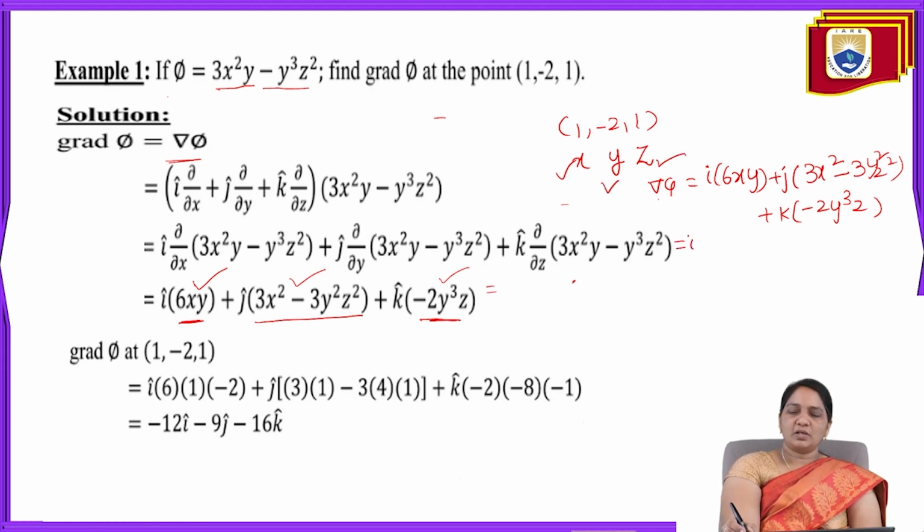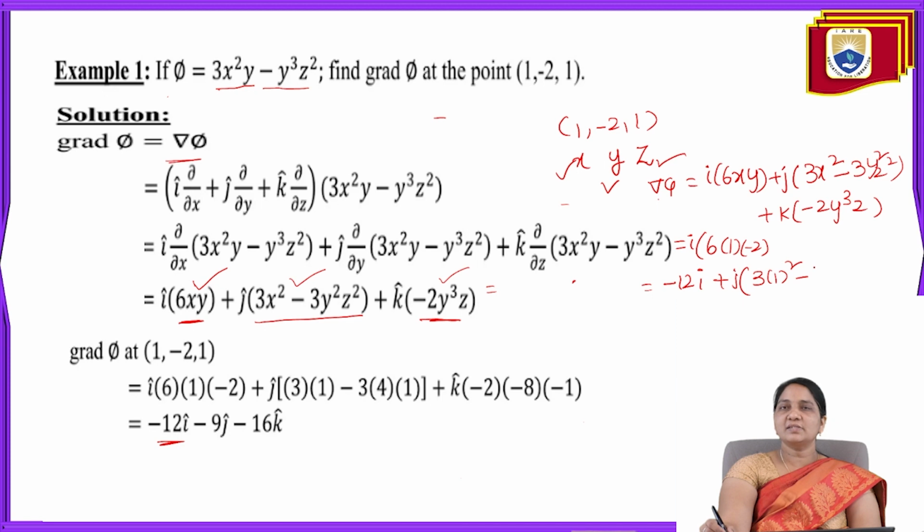Based on that, i into 6, x value is 1, y value is minus 2, so this is minus 12i, that is the first term. Next, plus j into 3 into 1 square minus 3 into y value minus 2 whole square, z is 1.